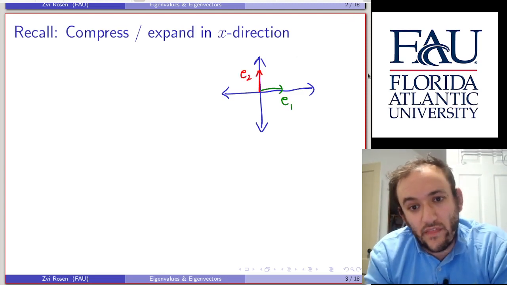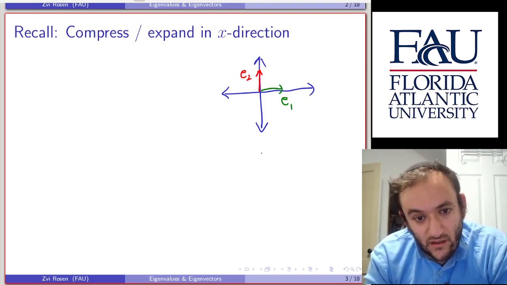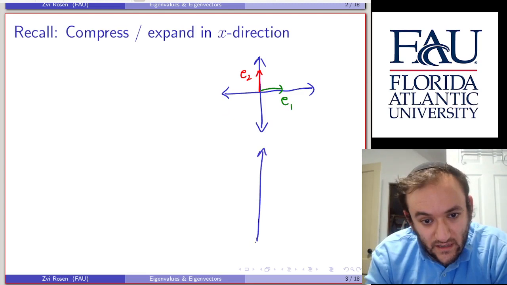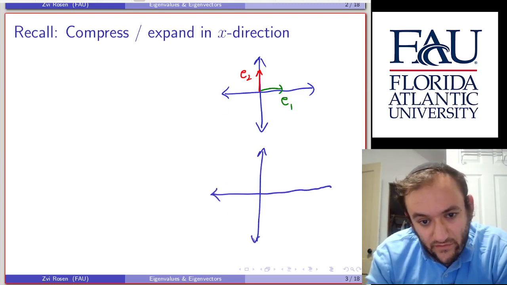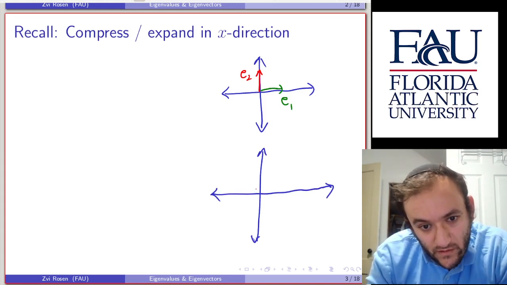Okay. Then what this would go to, after applying T, you would have the red vector staying the same. So e2 is equal to T of e2.